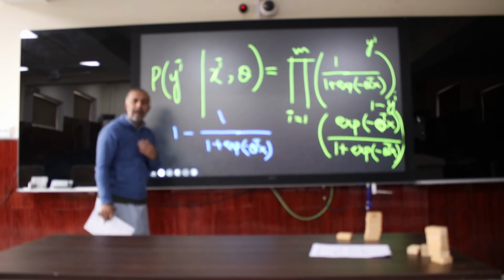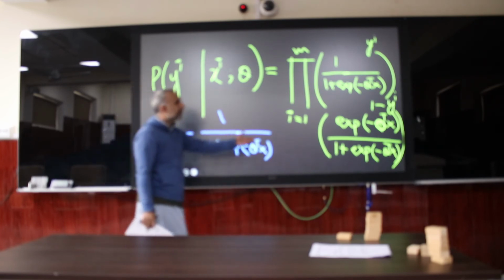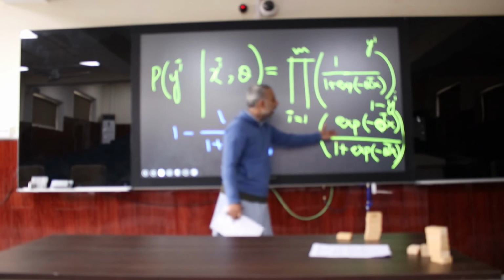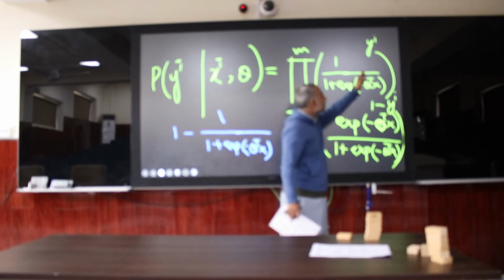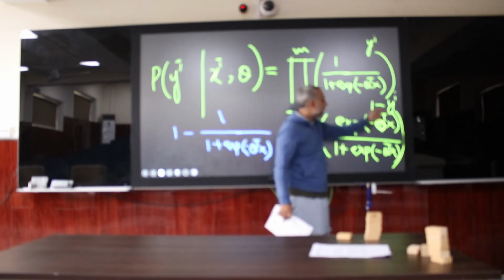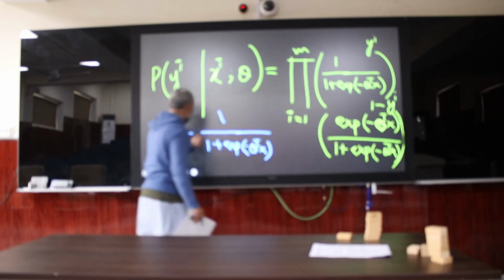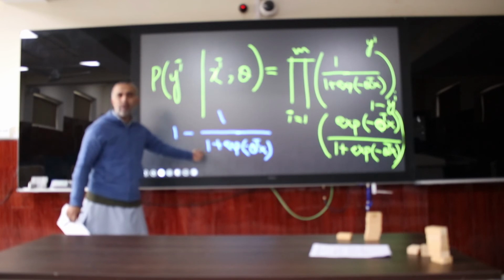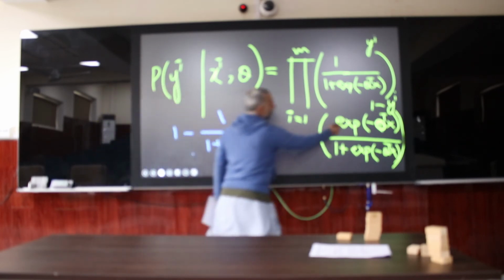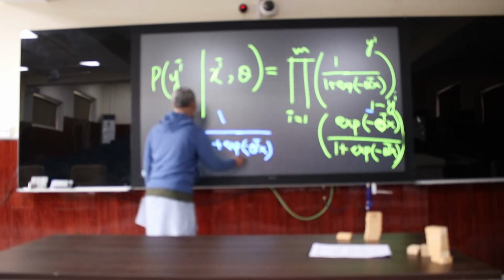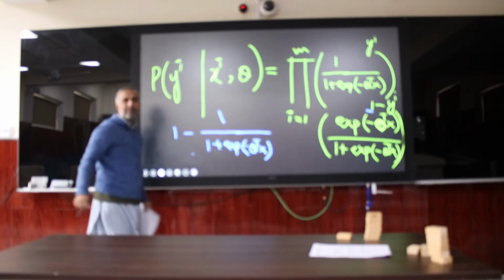This is a trick. Here, the first one is a simple one, only with y. Here 1 minus y. That is the 1. So 1 minus y. Are you getting my point? That's why after calculation you get the same result.